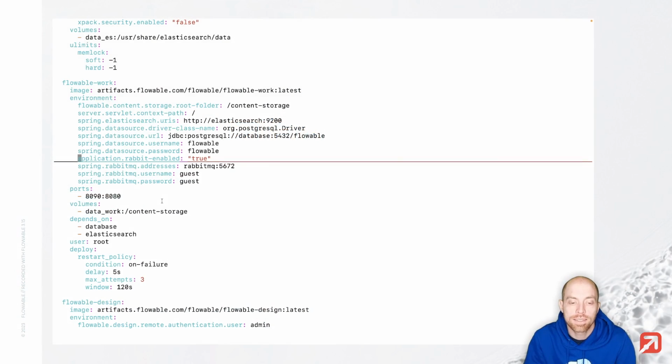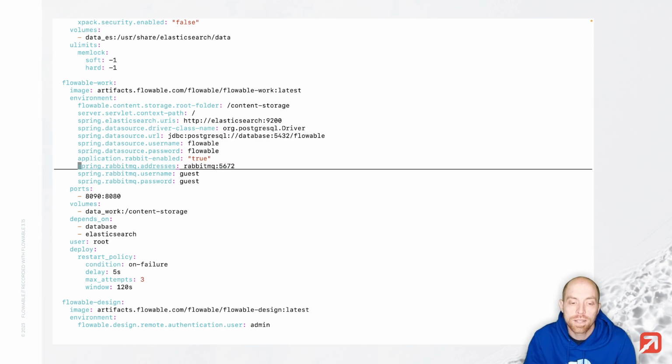To get started, first let's look at the Flowable configuration. Here we need to set the property application.rabbit.enabled to true in case you are using the Flowable out-of-the-box images. In case you have a customization project, please ensure that you have the Spring Boot starter dependencies for AMQP on your classpath to get started with RabbitMQ.